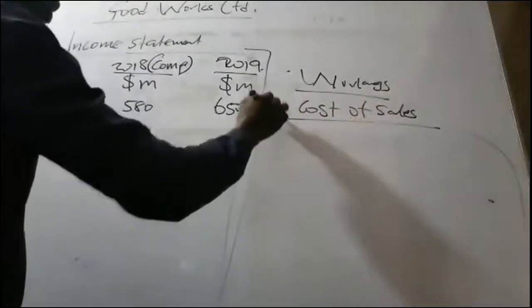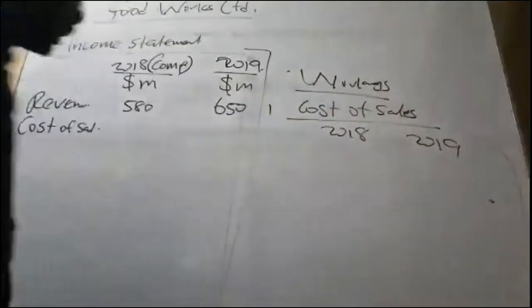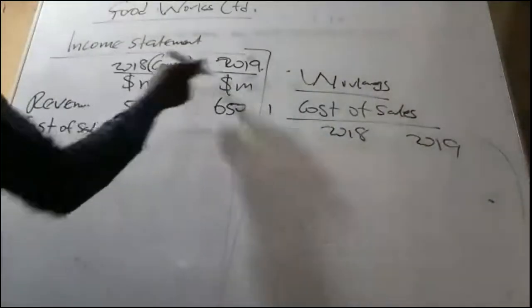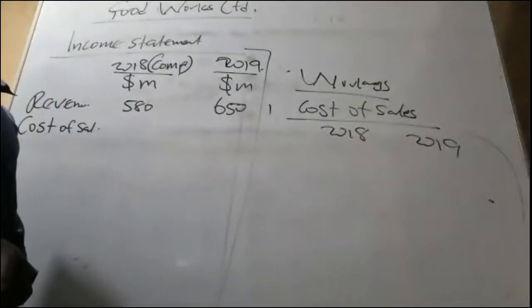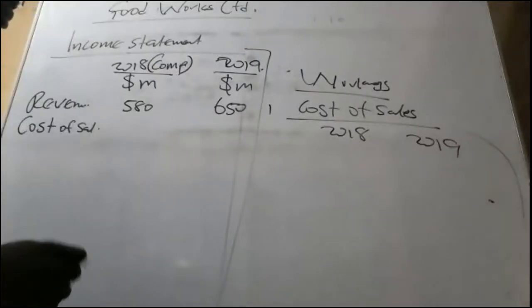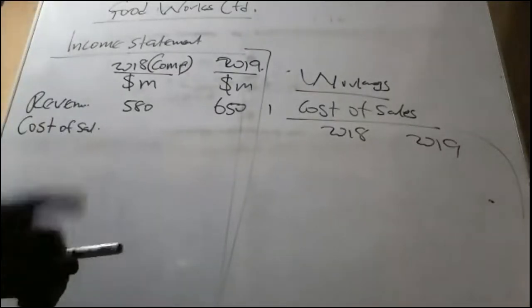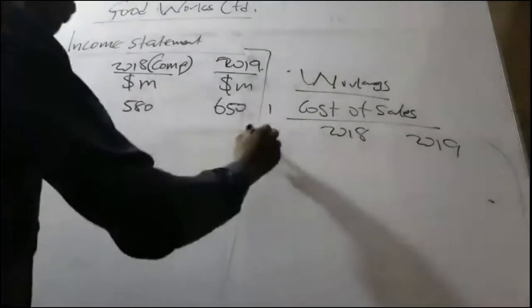Okay, so I'll start with 2018, 2019. Please, and please again, arrange it in the question format, so that you don't mistakenly place certain figures there. We have a testimony, that is why I'm saying this. So per the question, what's the cost of sales?